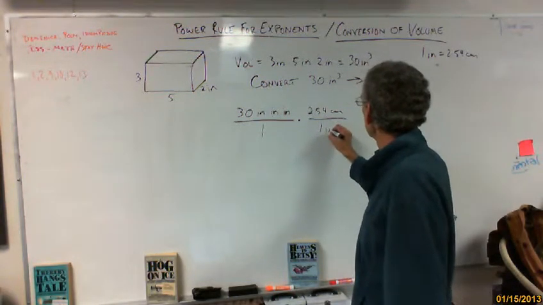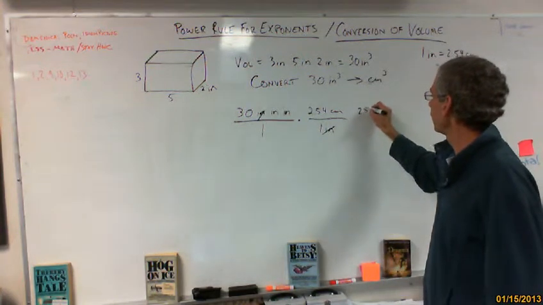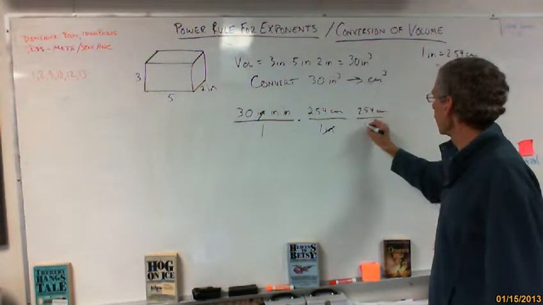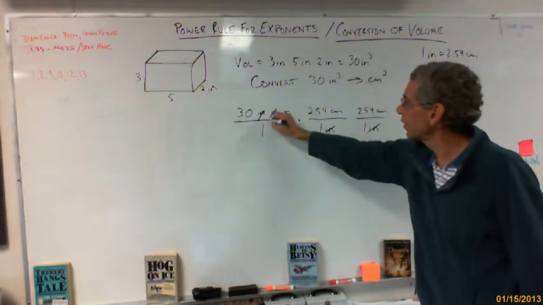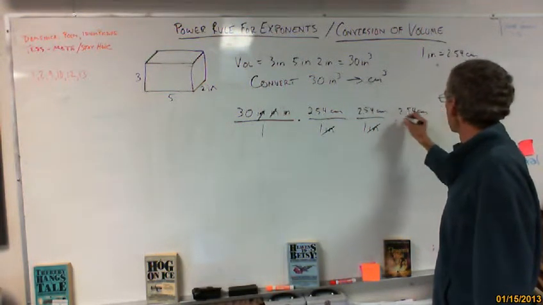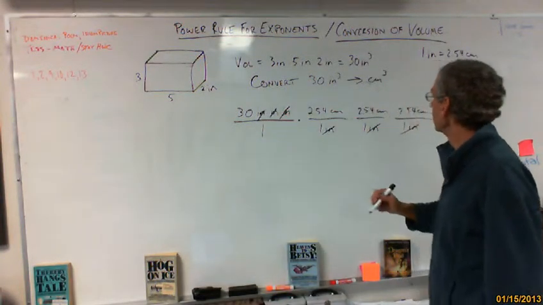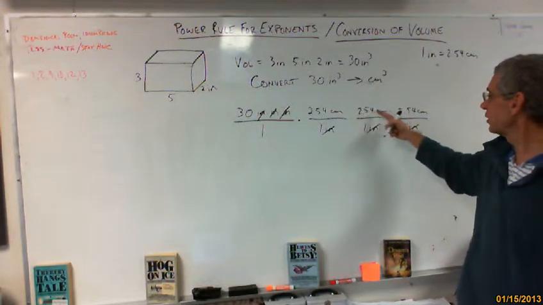So you're going to have 2.54 centimeters over 1 inch. That crosses out one of those inches. Times 2.54 centimeters over 1 inch. That crosses out another one. Times 2.54 centimeters over 1 inch. That crosses out the last one. And look what I have left.